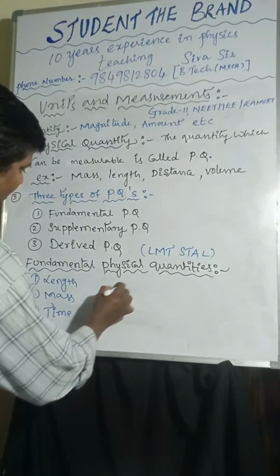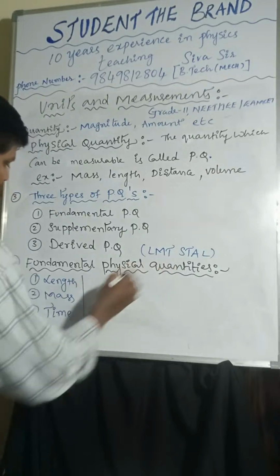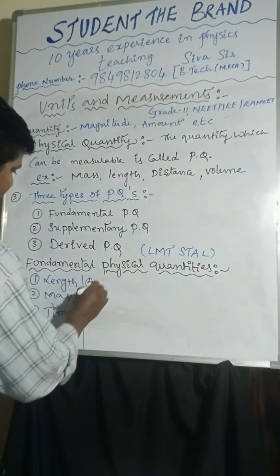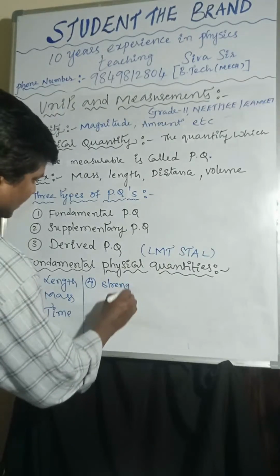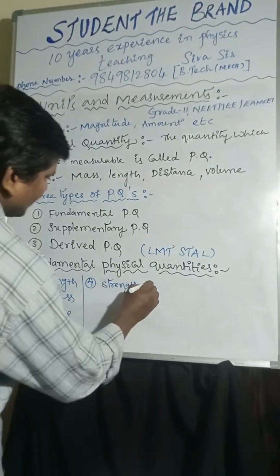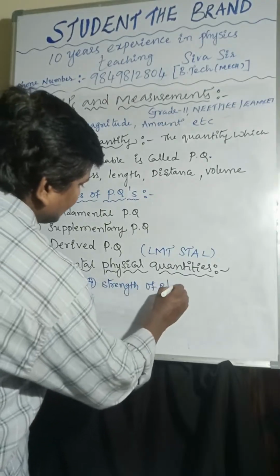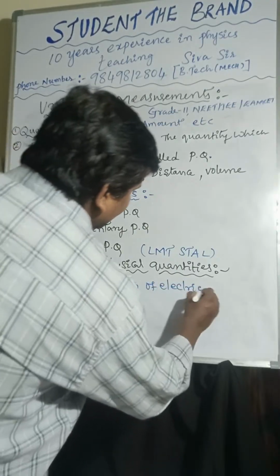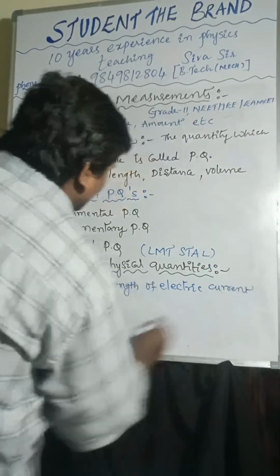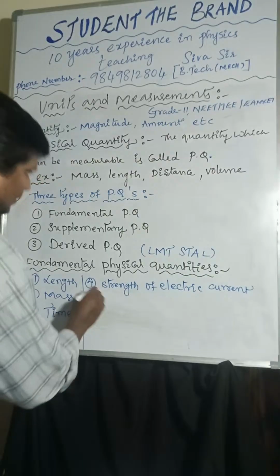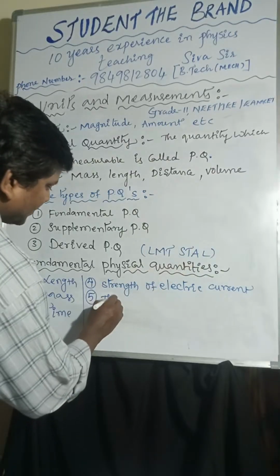Next, the fourth one is strength of electric current. The fifth one is thermodynamic temperature.